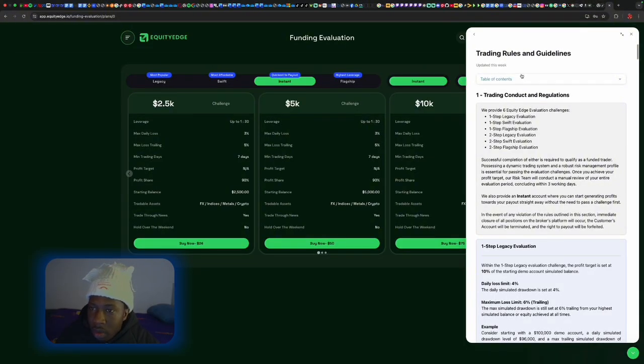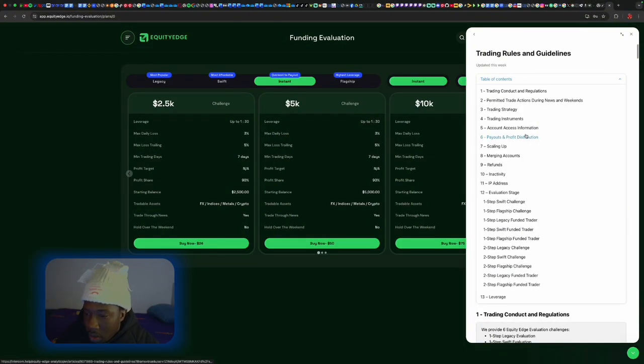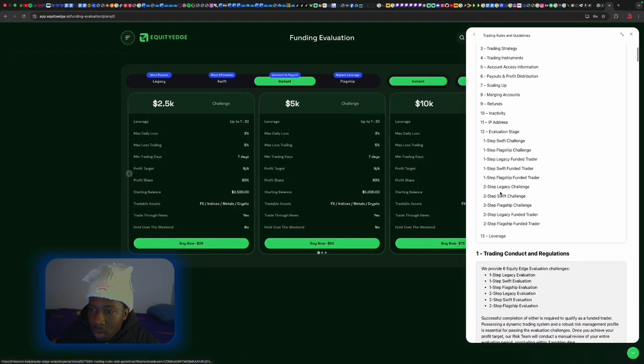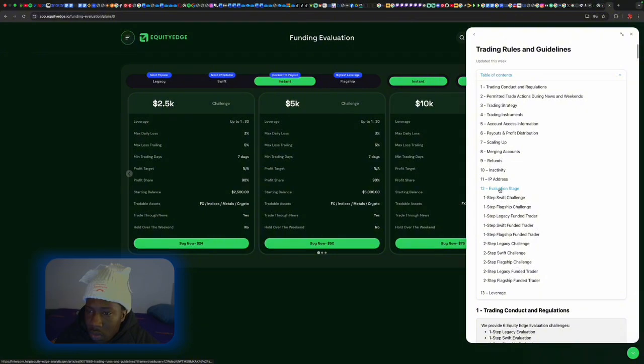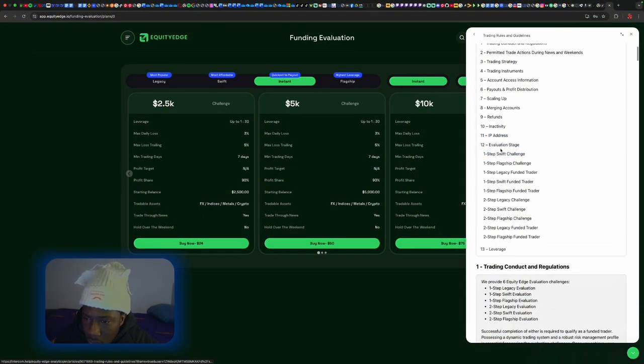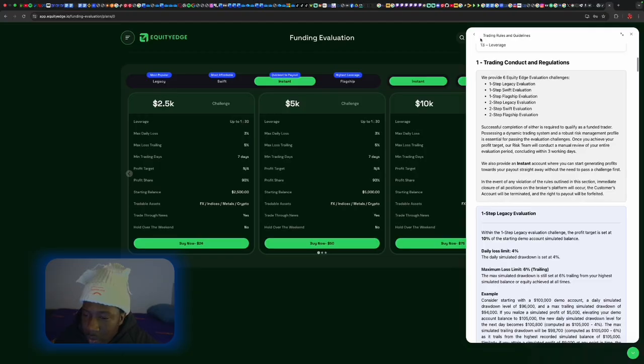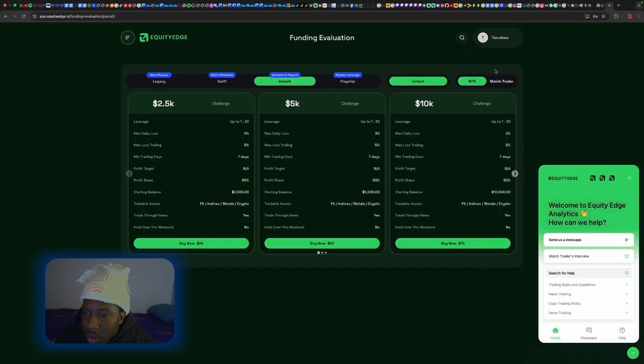And then let me find other rules, because one thing about these prop firms, they will try to scam you. So you need to check everything about these firms. Let me find something.